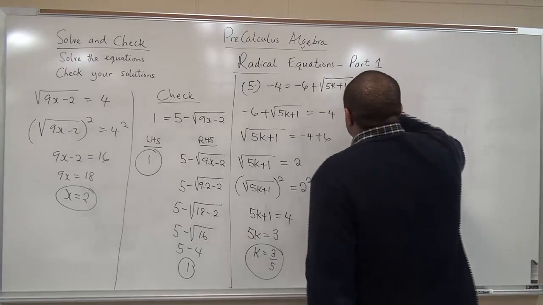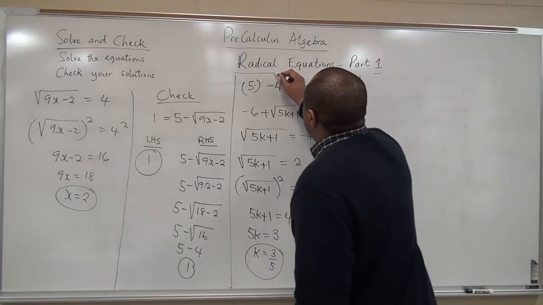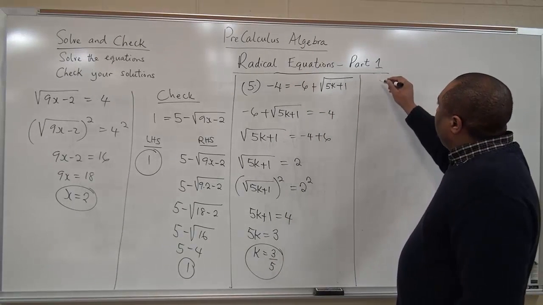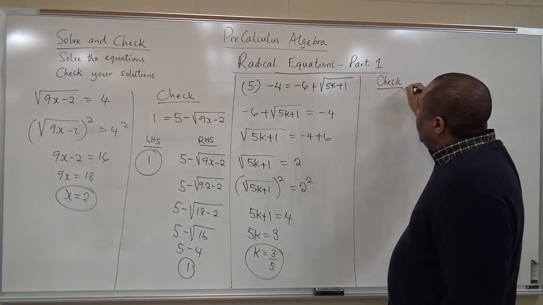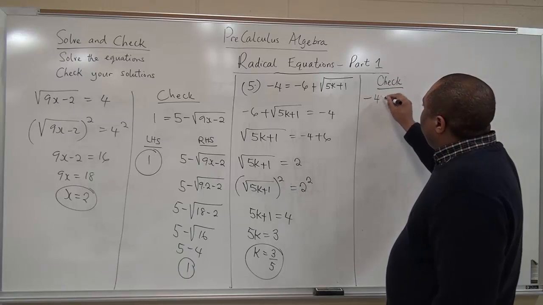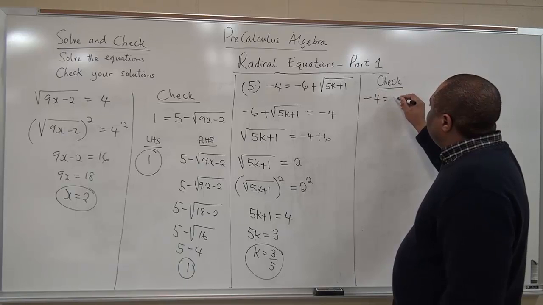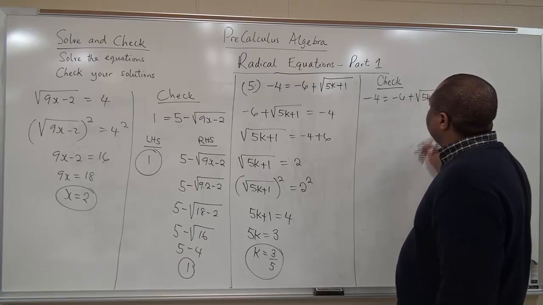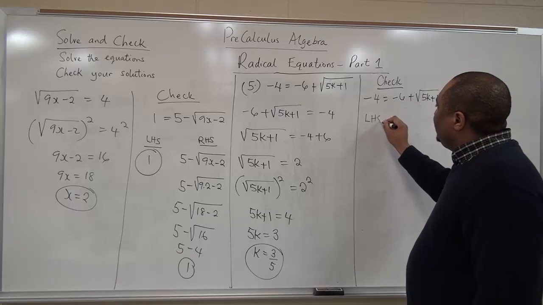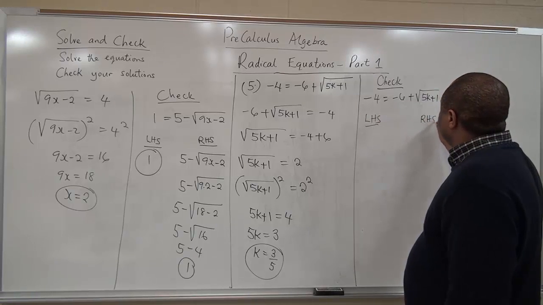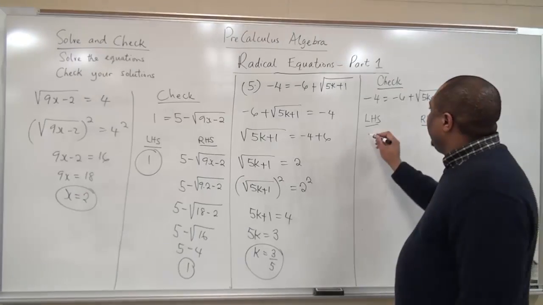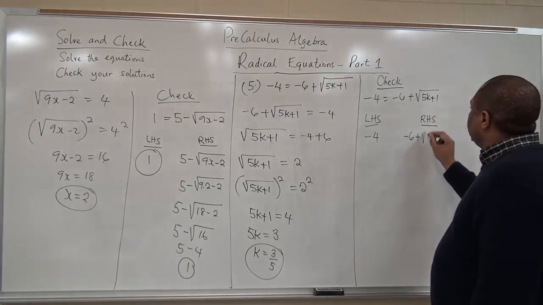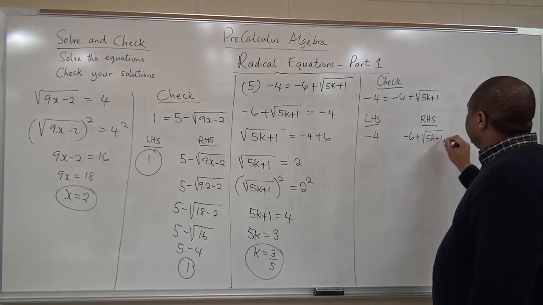Next thing you do is to do what? To check your work. We check. We write the main problem. Negative 4 is equal to negative 6 plus square root of 5k plus 1. Left hand side is negative 4. Right hand side is negative 6 plus square root of 5k plus 1.